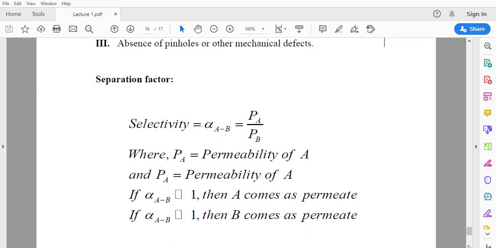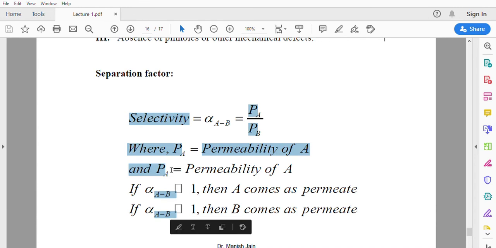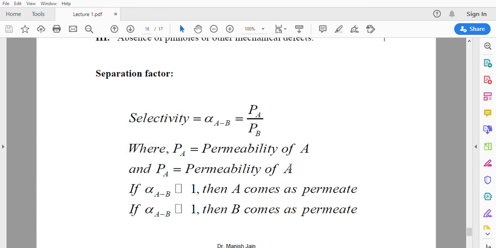Now the separation factor. Here there is one more property which is defined as the separation factor or the selectivity. Selectivity alpha AB is defined as PA by PB, where PA is the permeability of component A and PB is the permeability of component B. If alpha AB is greater than 1, then A comes as a permeate. If alpha AB is less than 1, then B comes as a permeate.